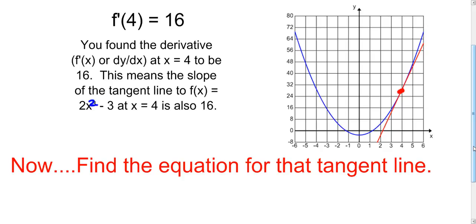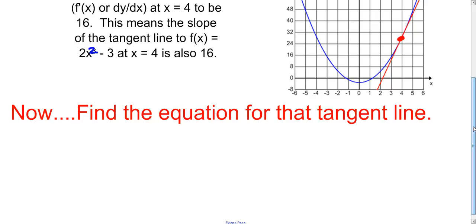Now what I want you to do is find an equation for this line. I already know that the slope is 16. That's what I found when I did the derivative: the slope of the tangent line is 16. To find an equation for that tangent line, I would find a coordinate. I know that my x value was 4, and when I plugged 4 into the function 2x squared minus 3, I got 29.